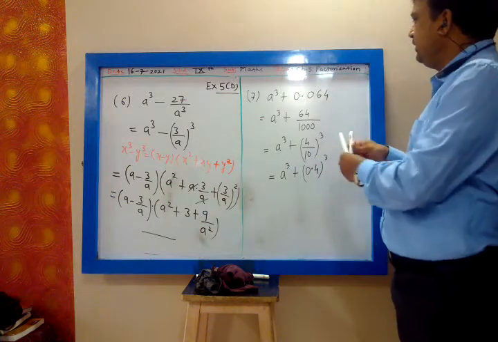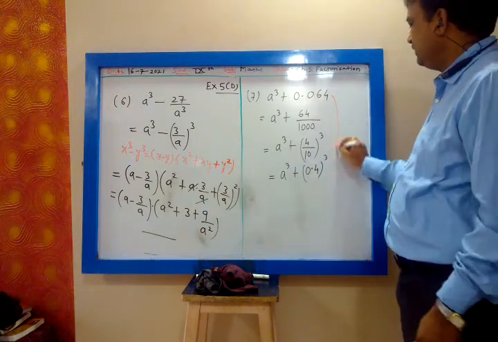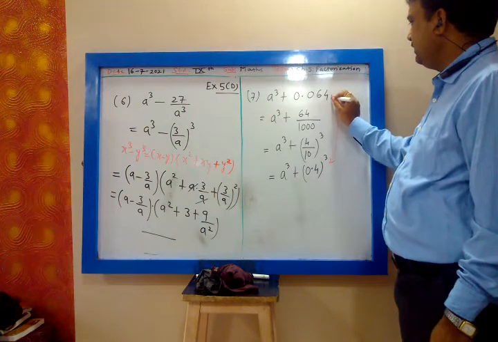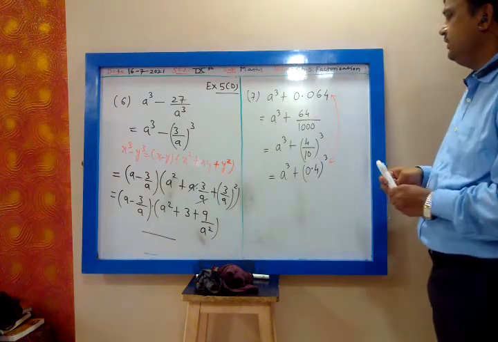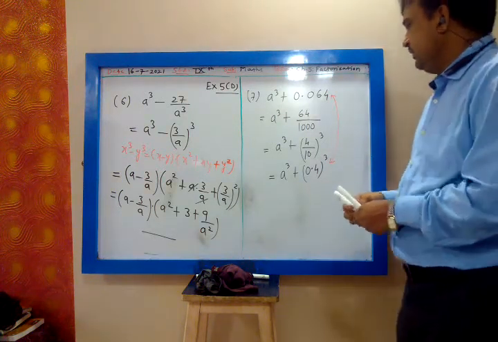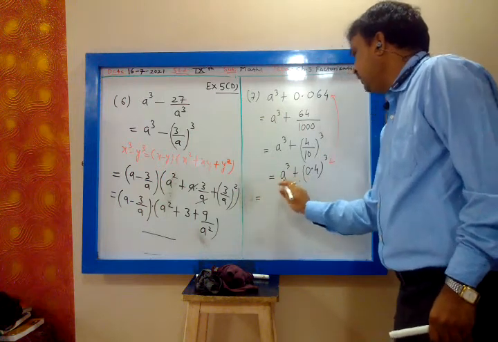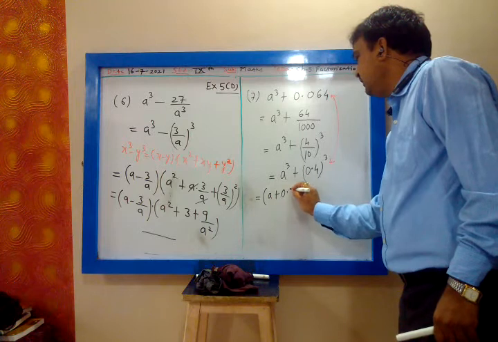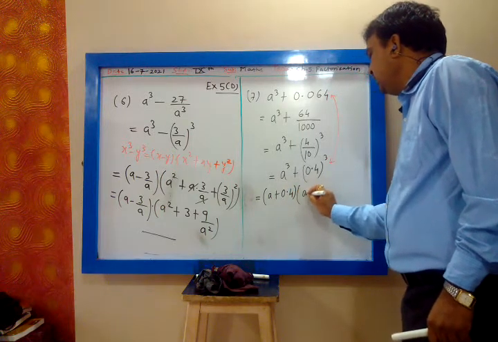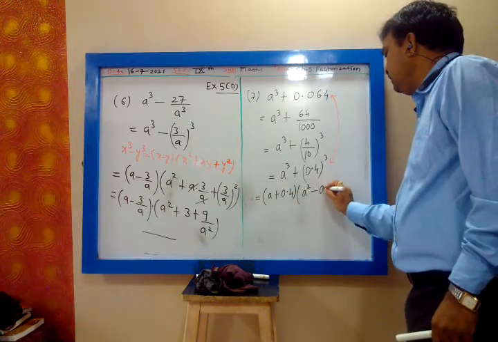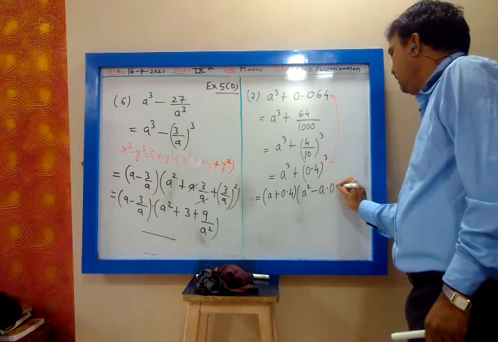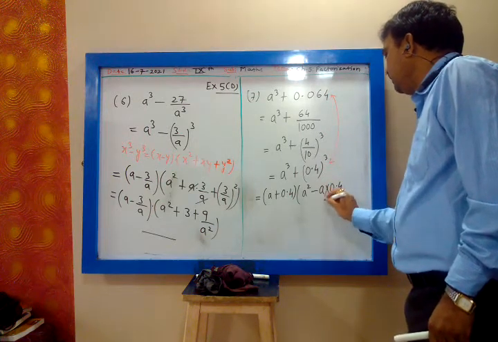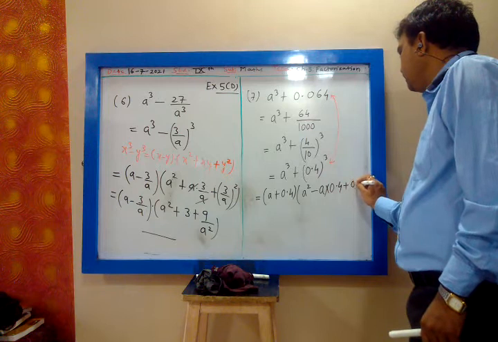You can directly write this step. I had to explain to each and every student, that is why I am writing the steps, nothing else. So this will be a cube plus b cube. A plus b, a plus 0.4, into a square minus a into 0.4 plus 0.4 square.